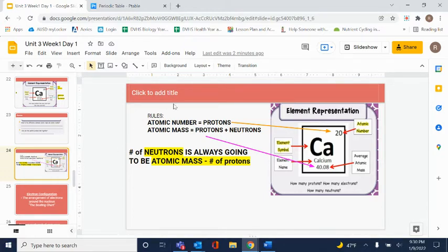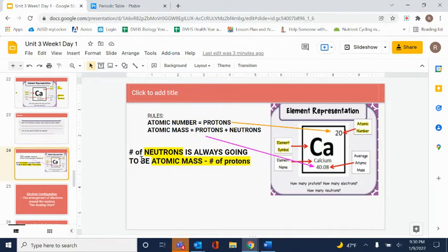Now, so we've talked about this. I've put the rules that we've learned so far on this page so we can see how we can use the periodic table to help us answer some questions quickly. So the rules: atomic number is always equal to the number of protons. I'm always going to find that at the top of the element symbol.